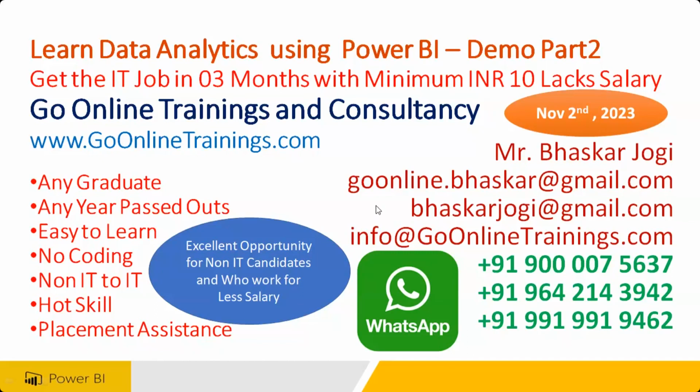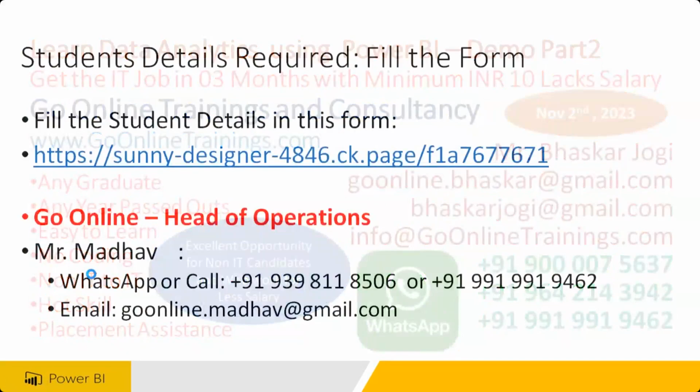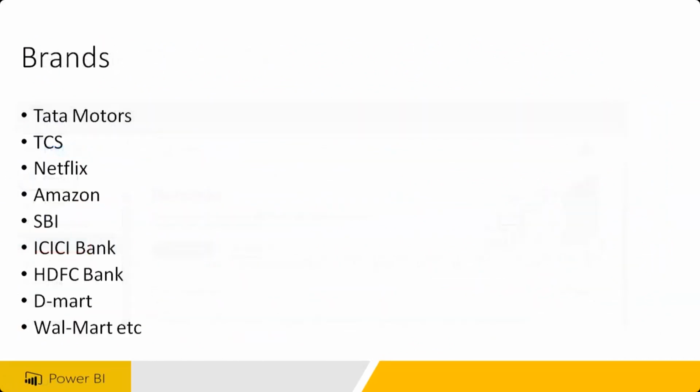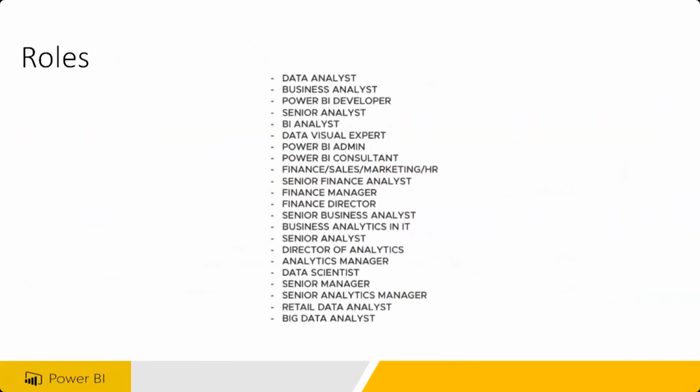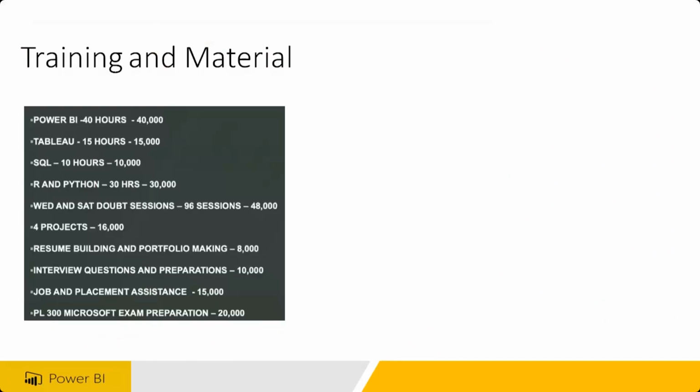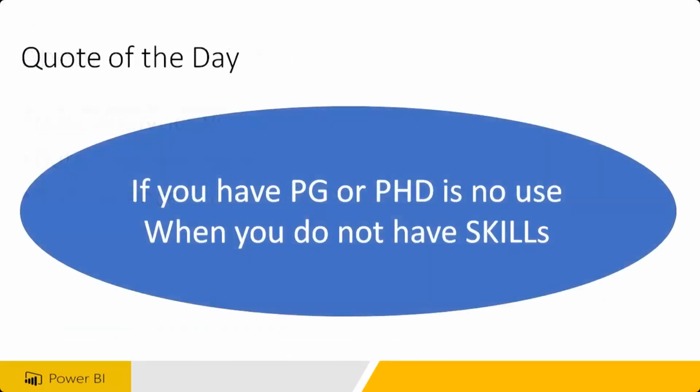You will be able to complete this course within 3 months and get into IT companies. Any year passed out, any people can get into IT companies. Many people are asking me, sir, because of AI, artificial intelligence, many people are going to lose their jobs. Now you will lose the jobs, not high-fi jobs, right?